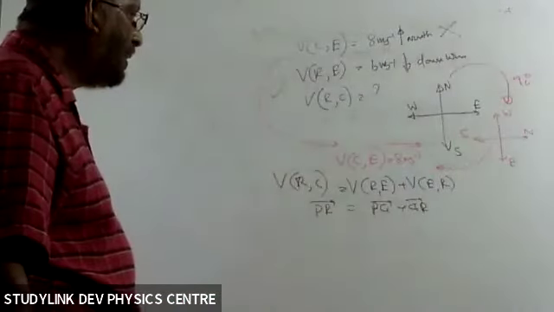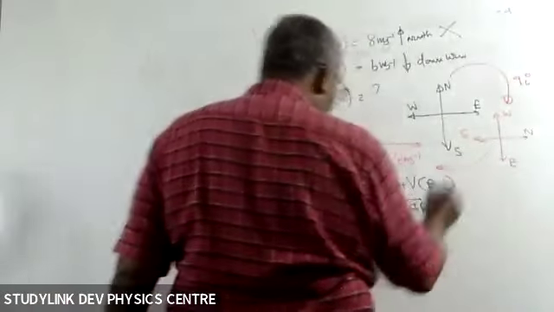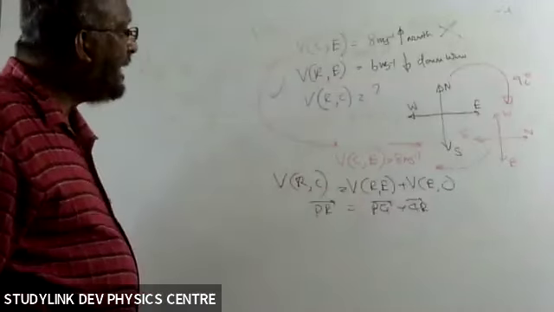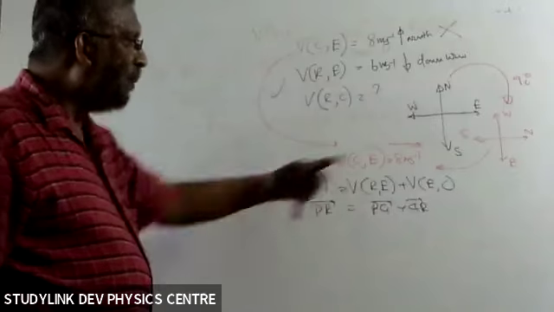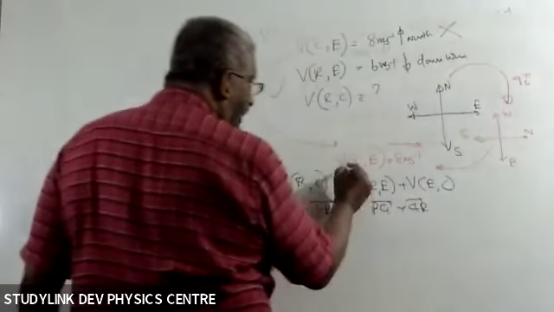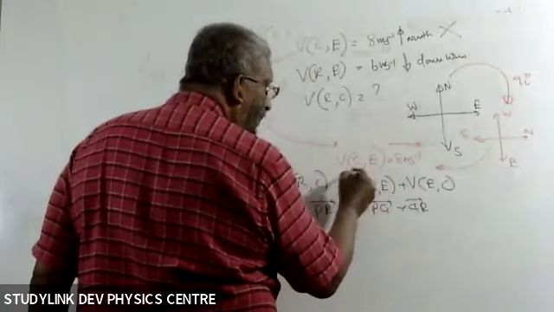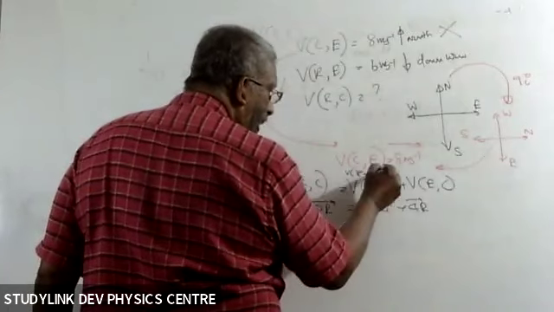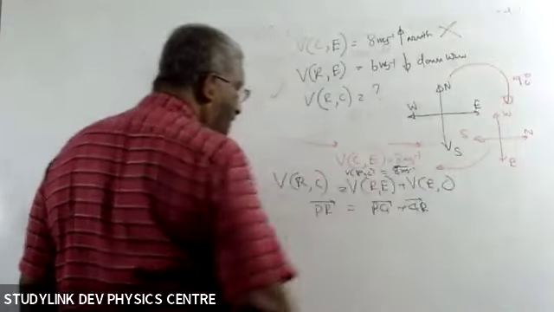Then QR is V_EC. V_EC is now the opposite way. V_EC is 8 m s^-1 in the opposite direction.